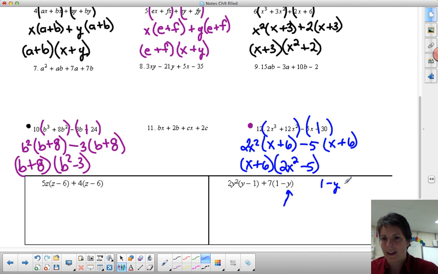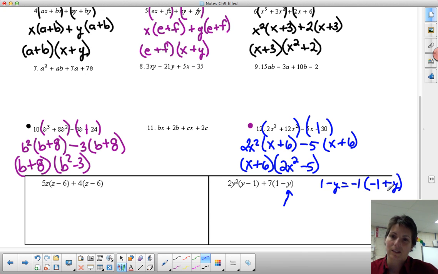1 minus y is equal to negative 1 times negative 1 plus y. I undistributed a negative. So I pulled out a negative, but I still wanted to have the same value. So double check that when I distribute, does it get back to 1 minus y? And hopefully you see that it does.